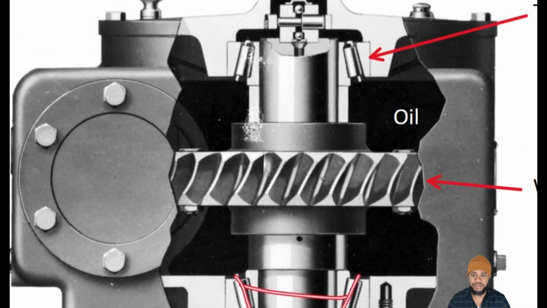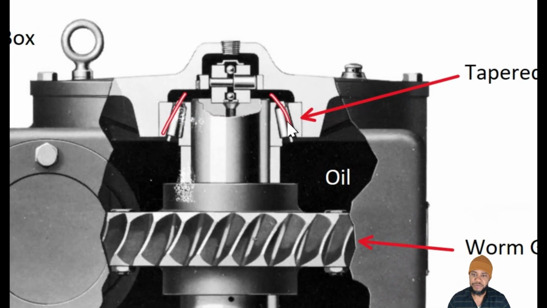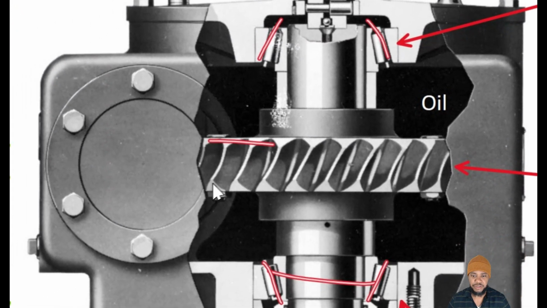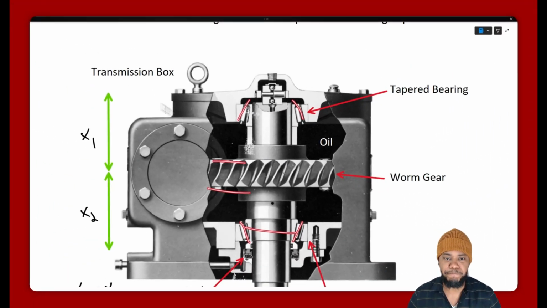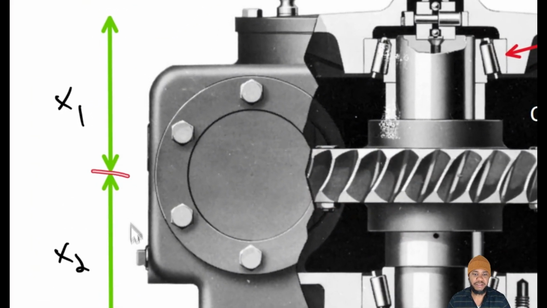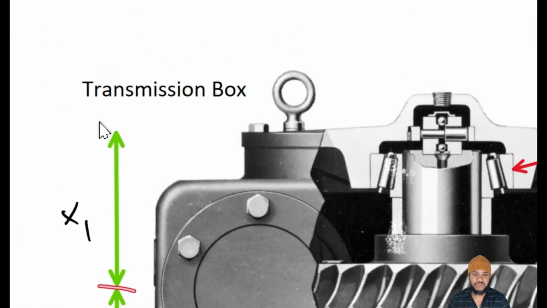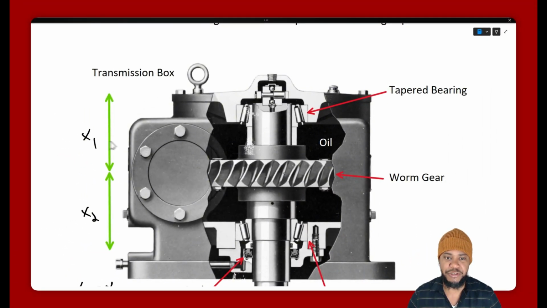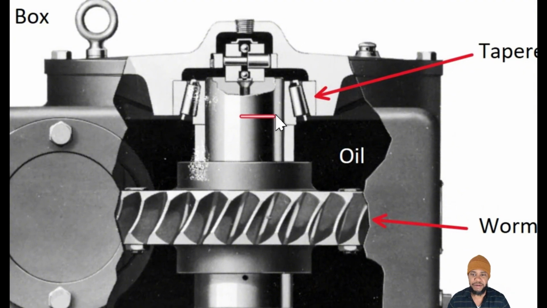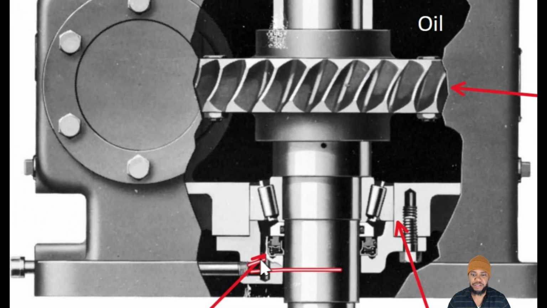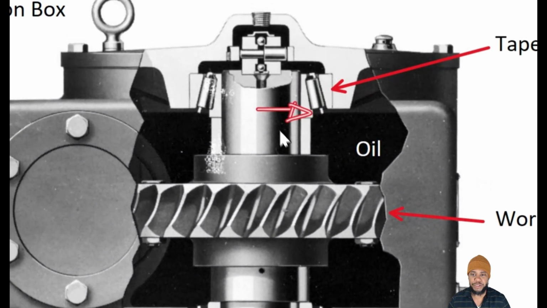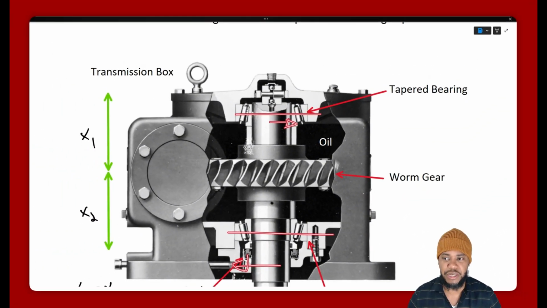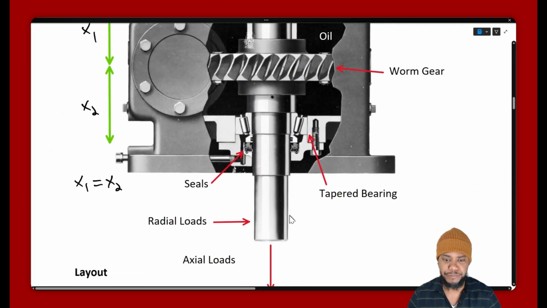These sets of bearings carry that load and keep the shaft perfectly aligned for the transmission of power. We'll also note that the design of this transmission box is symmetric so that we can prevent any types of bending moments that might be transmitted through the structure. We want balanced moments being transmitted through these bearing mounts.